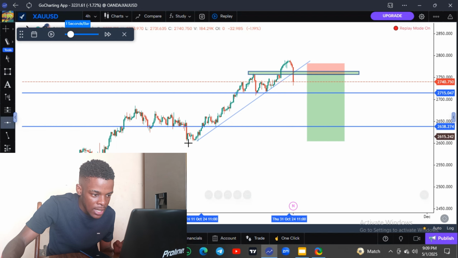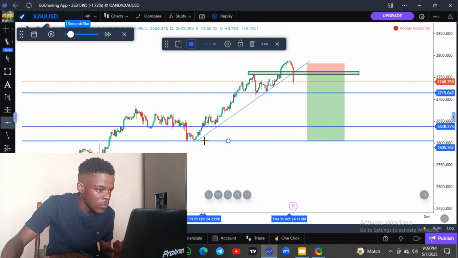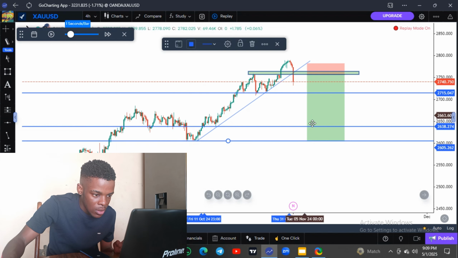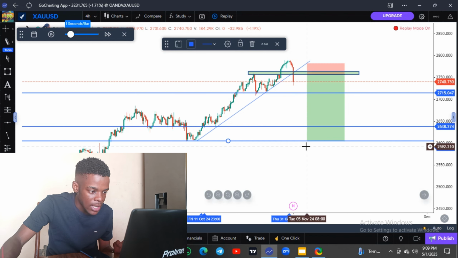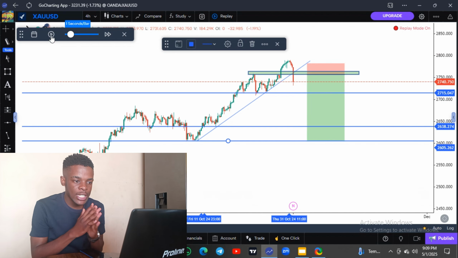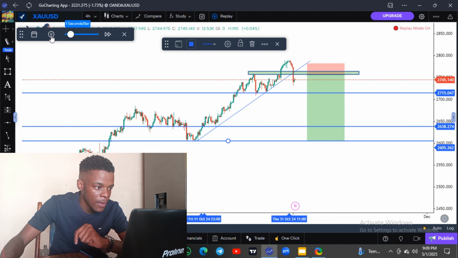On this point again, the market did create a bigger move. So this one is gonna be your first TP, then this one your second TP, then a third TP. So you just have to be patient. Let's see what's gonna happen.